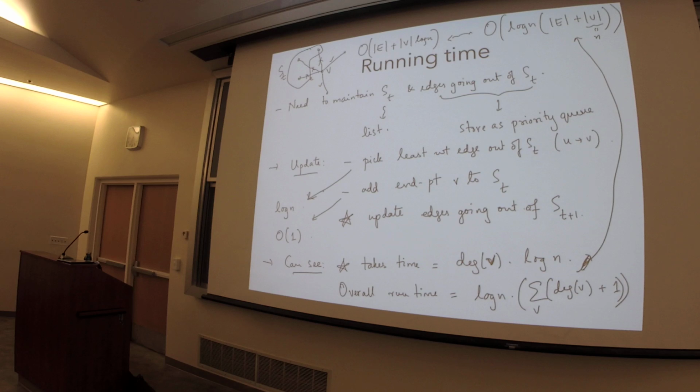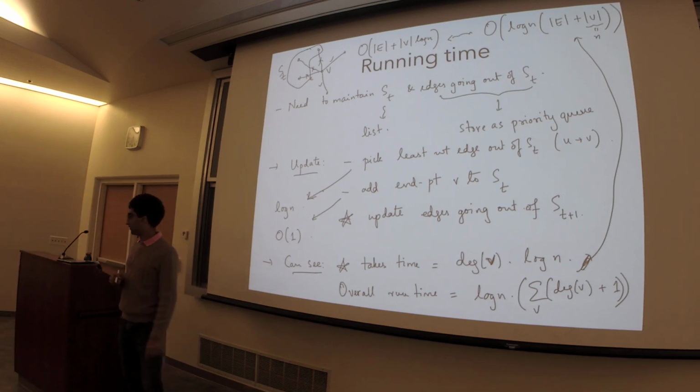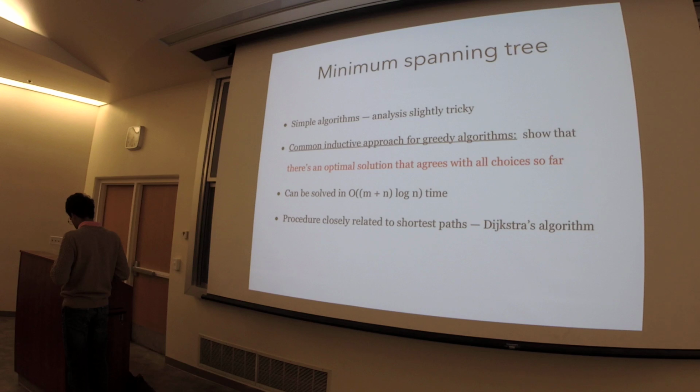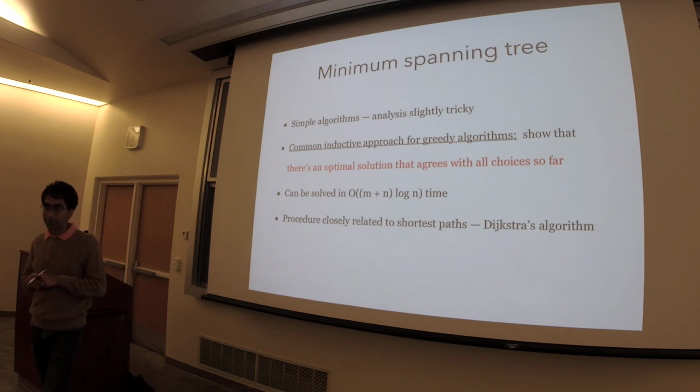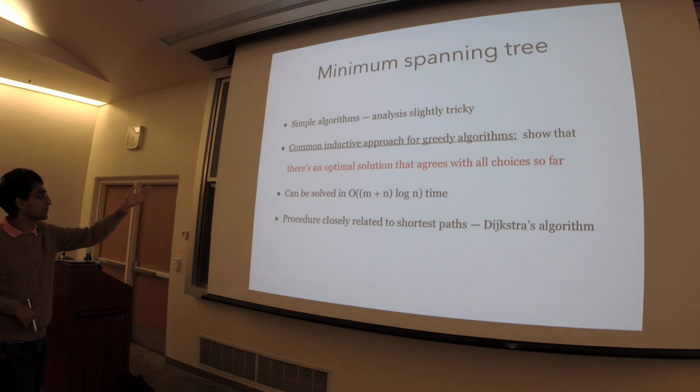Okay. So that's all there is. This is reasonably simple math. So this is a general summary of minimum spanning tree. The algorithm itself is simple, but the analysis involves a bit of work.